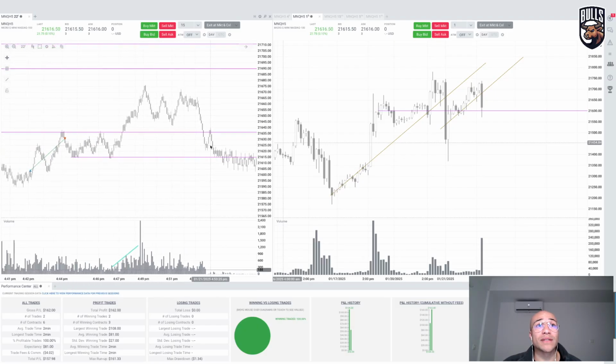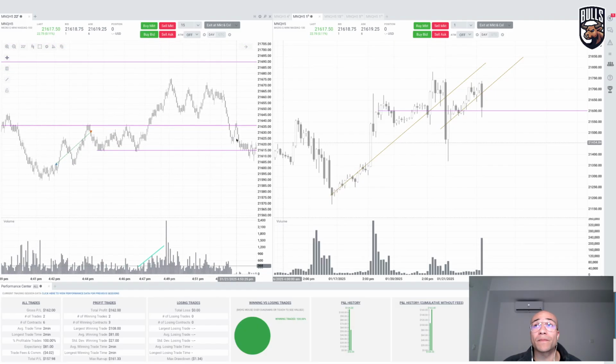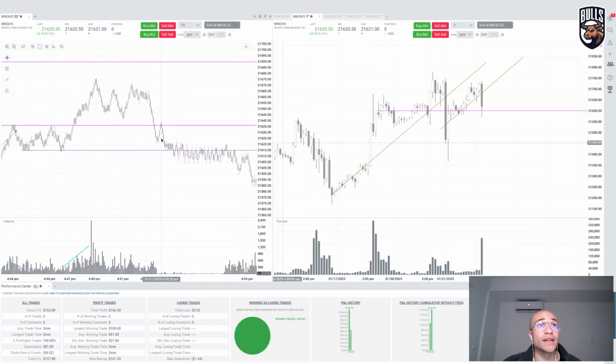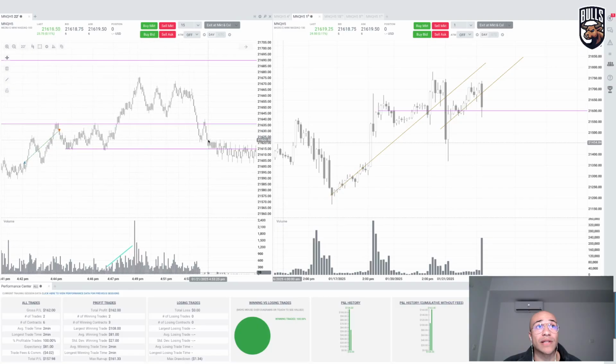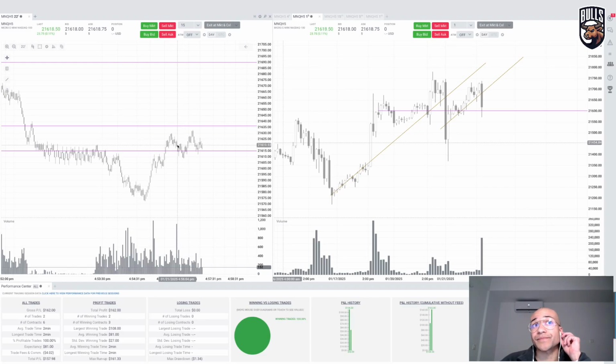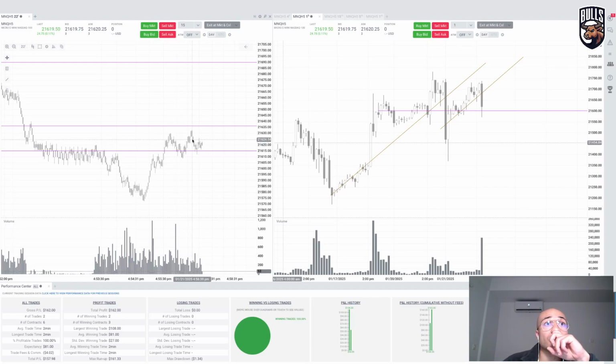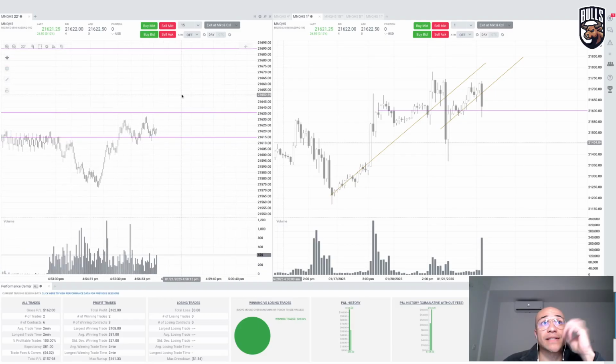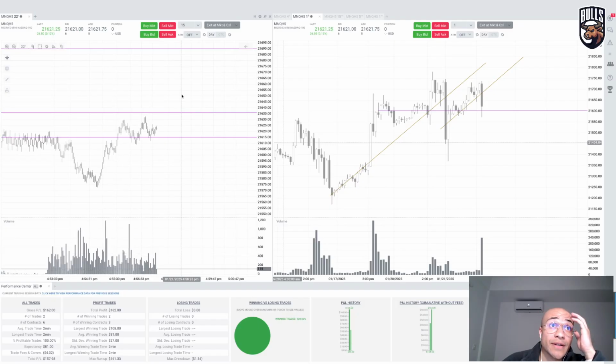So now what we can see is something happened. So we popped up into the 75, got rejected, broke through 36 again. So this level 36, and then broke lower through 15. Now we're back up above 15 and forming a new channel right here. So let's just look at what price is doing right here.